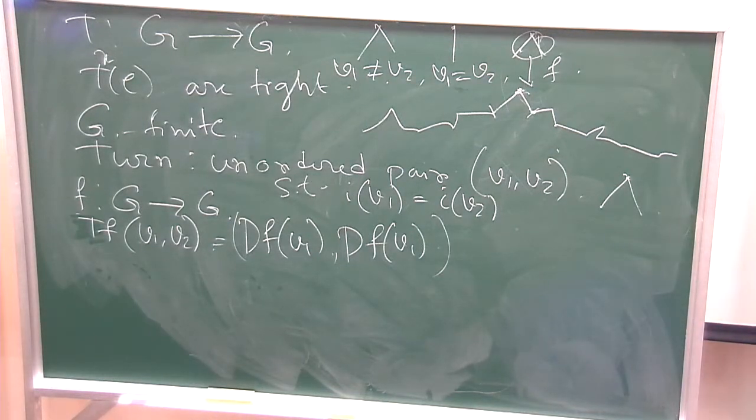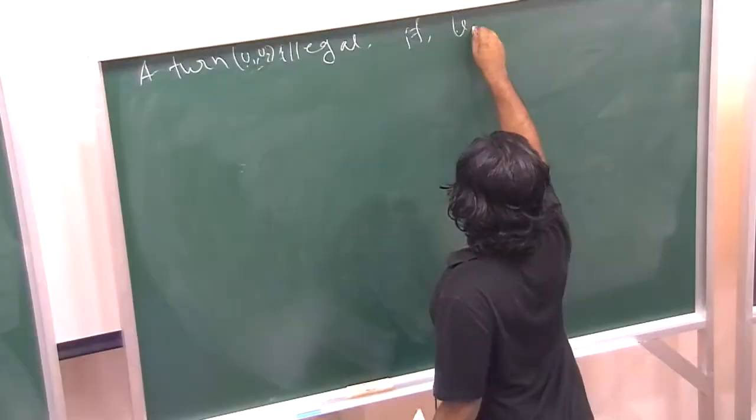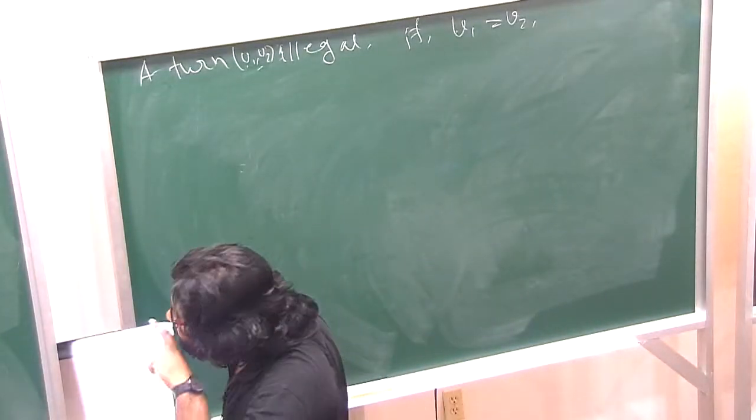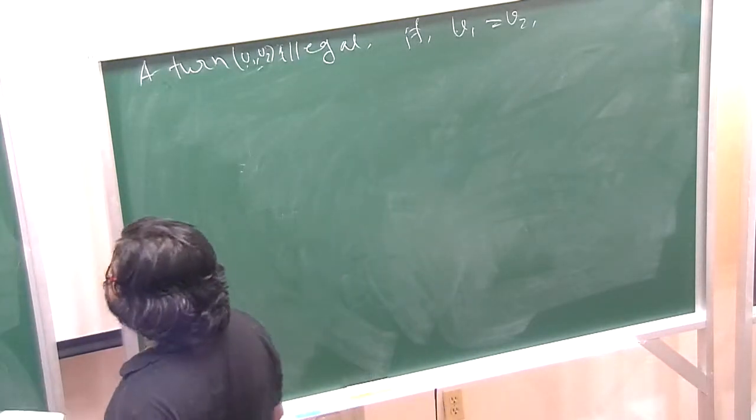A turn V1 V2 is illegal if V1 is equal to V2, right?